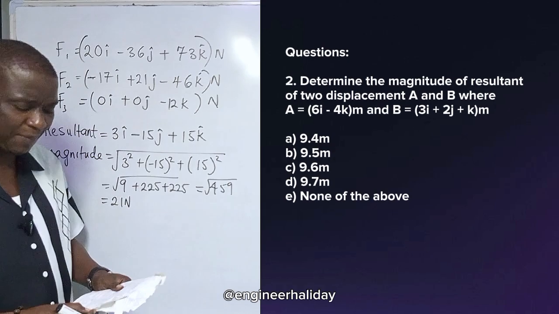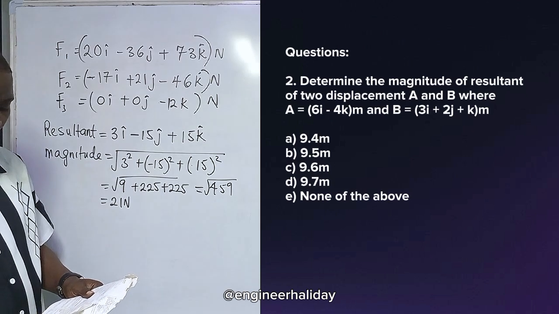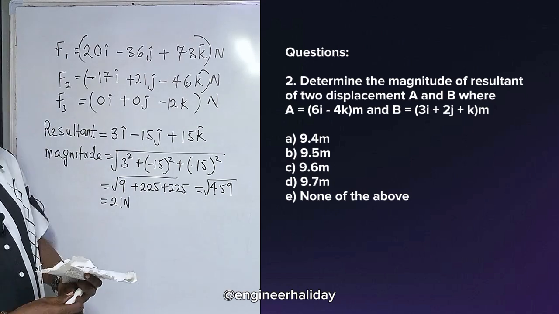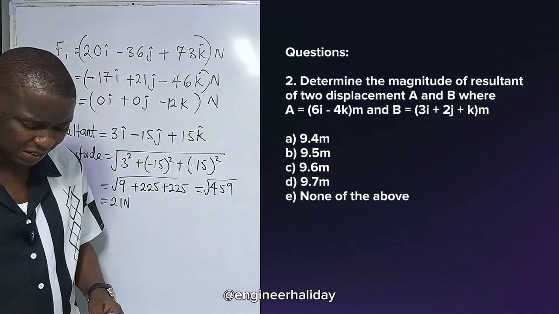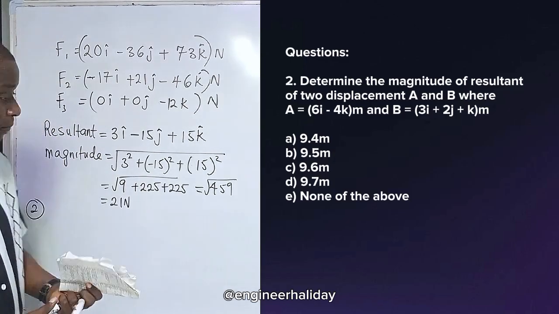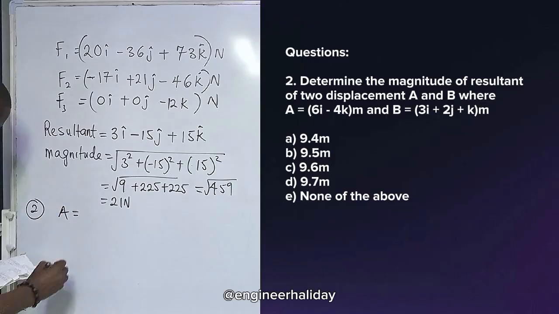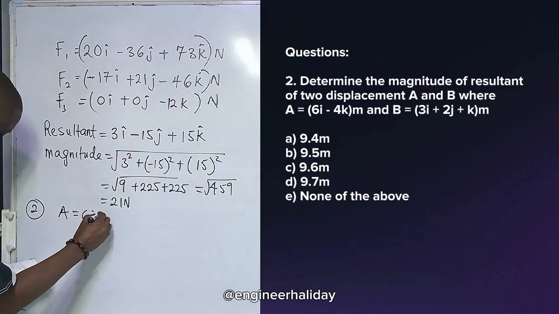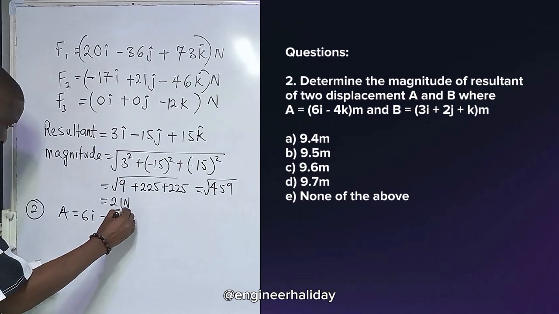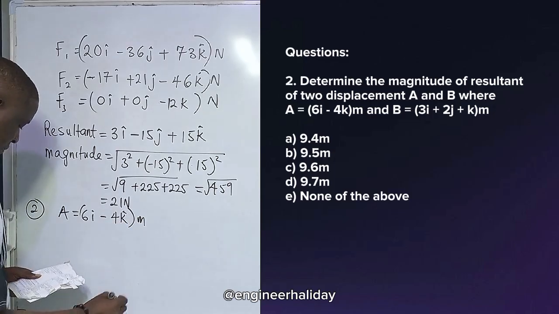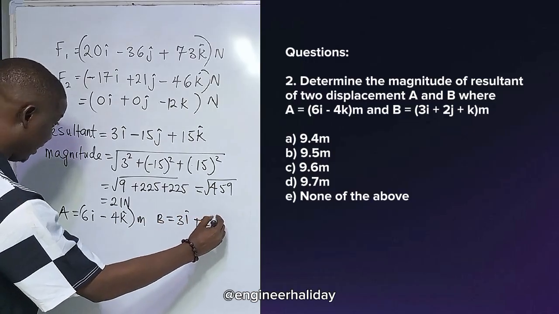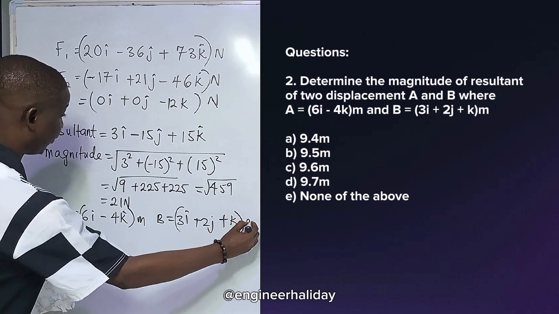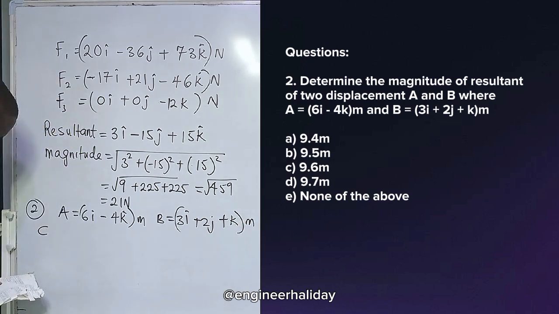Number 2 says: determine the magnitude of the resultant of two displacements. When you talk about resultant, it's talking about addition of two vectors. It says determine the resultant of the displacements A and B, where A is 6i minus 4k in meter, then B is 3i plus 2j plus k.